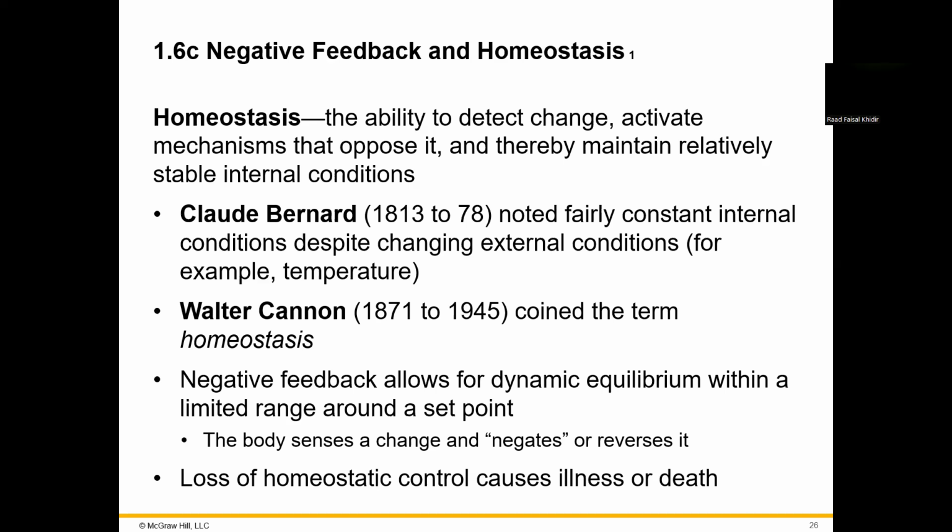Now, give me an example. You don't want hypotension, which means the blood pressure drops. Hypertension, blood pressure increase. You want eutension. For temperature, you don't want hyperthermia. That means it's too hot.